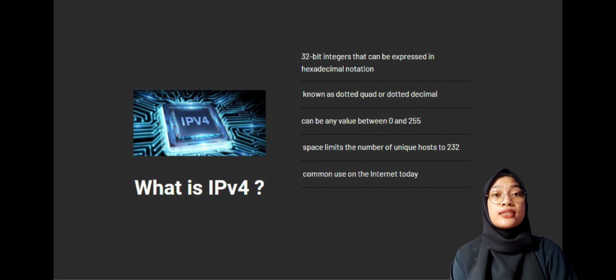It used a 32-bit address scheme to store 2 to the power of 32 addresses, which is more than 4 billion addresses, and it is considered the primary internet protocol, carrying 90% of internet traffic. IPv4 is also called dotted decimal, and each number can be any value between 0 and 255. IPv4 is commonly used on the internet nowadays.